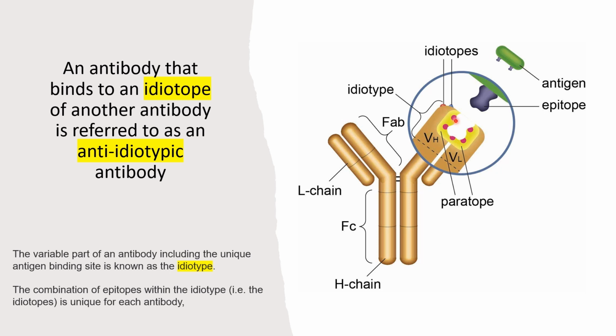And this whole region, which is unique from one antibody to another within an individual, if we look at you or me, then our IgG1 is all going to be the same in the constant domains.